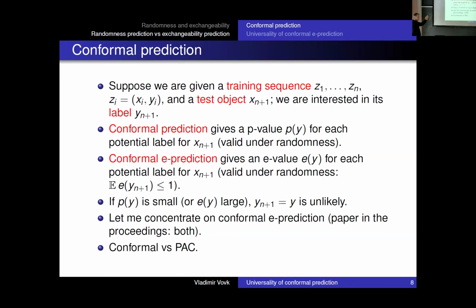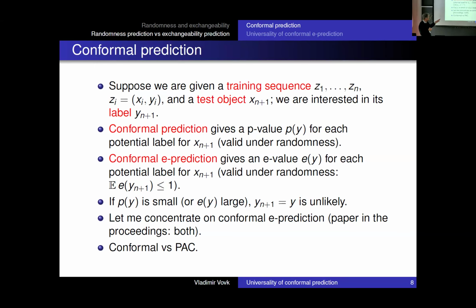There is also conformal e-prediction, where you produce e-values instead of p-values. The requirement of validity for e-values is that under randomness, the expectation of the e-value at the true label should not exceed 1. So it's some alternative to p-values, which is mathematically, in many cases, much more convenient.